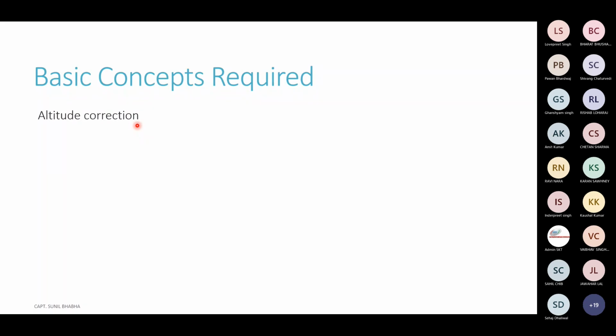The altitude is also measured as an arc or as an angle, so it can be measured using the sextant. Now, the true altitude is basically the arc of the vertical circle, or the angle at the center of the earth, contained between the rational horizon and the celestial body.